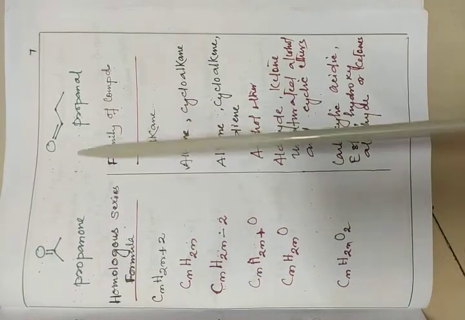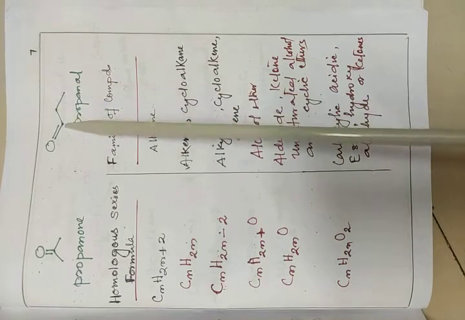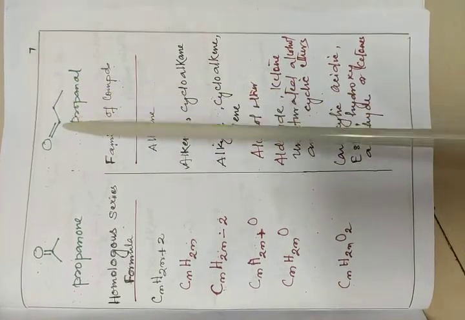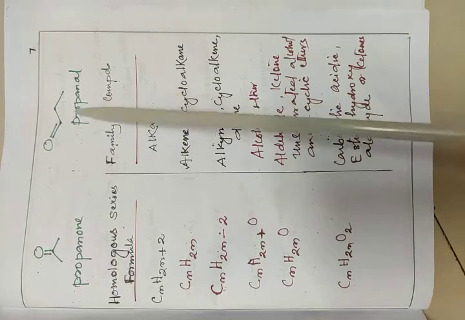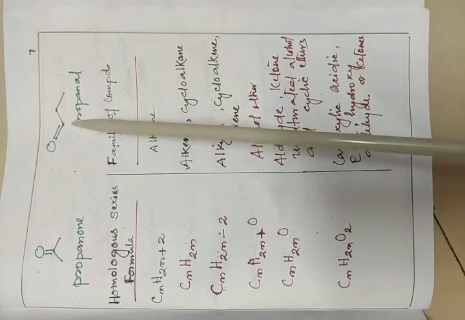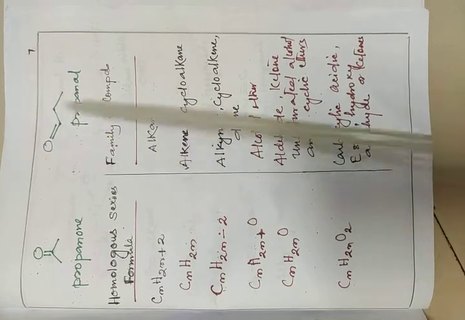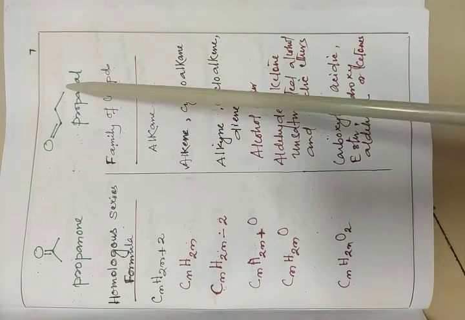Now next, the aldehyde group is there: 1 2 3, so here CH and then O is there. Down here it will have hydrogen, CHO, and then one C is there.